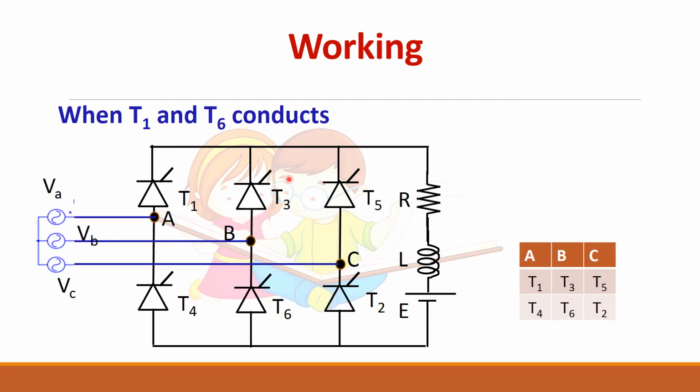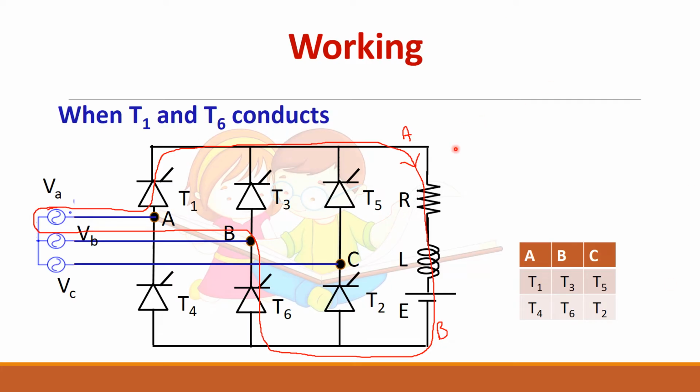Now when two devices are conducting, as I already told, one from the upper device and another from the lower device will conduct. So let us take T1 and T6 in conduction. This will be the path. When T1 is conducting, current flows through the load and then T6 will conduct and it will return.